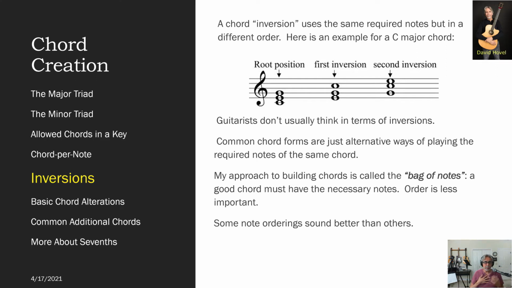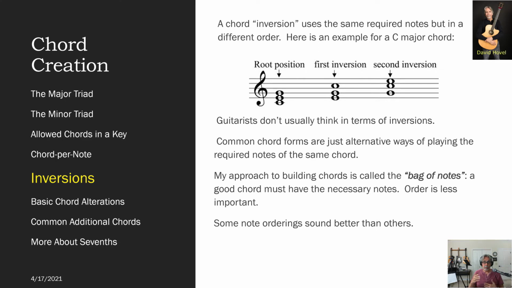As long as I come up with a fingering that plays the notes that are needed and no more and no less, I can play them multiple times in different octaves or even in the same octave if my fingers are long enough. I'm going to get a chord that works. I call that bag of notes. I don't care what inversion it's in, just let me play those notes the same way.